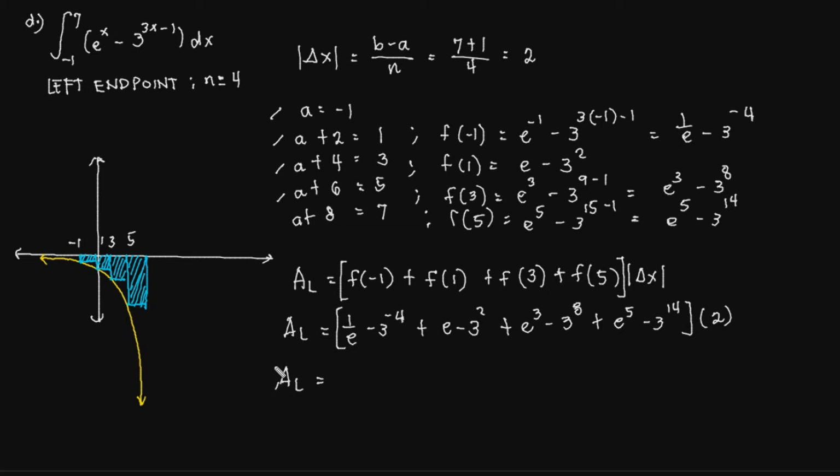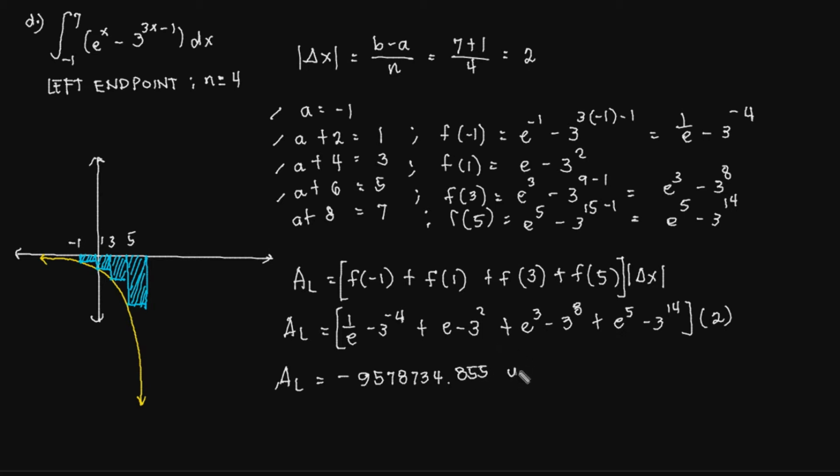So with this, you can compute for the area using the left endpoint, and you should be able to get negative 9,578,734.855. This is quite large because you can see in the graph that it extends downwards.